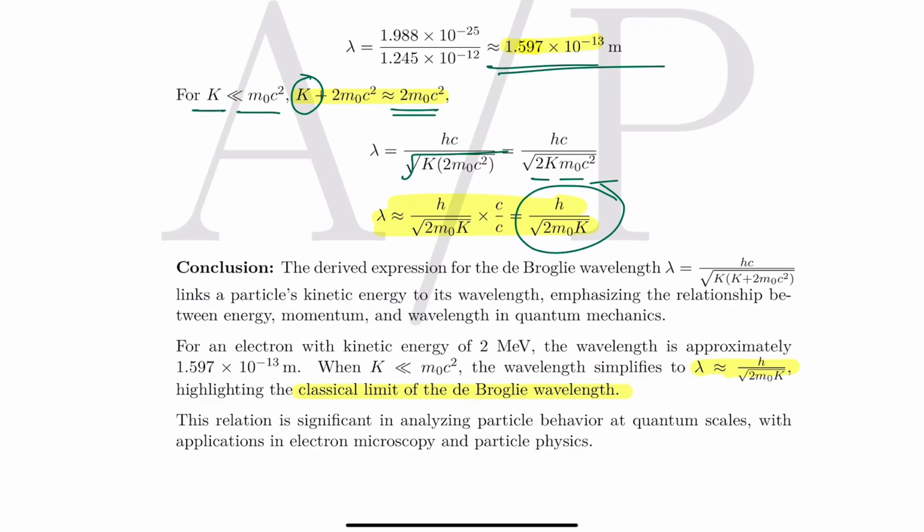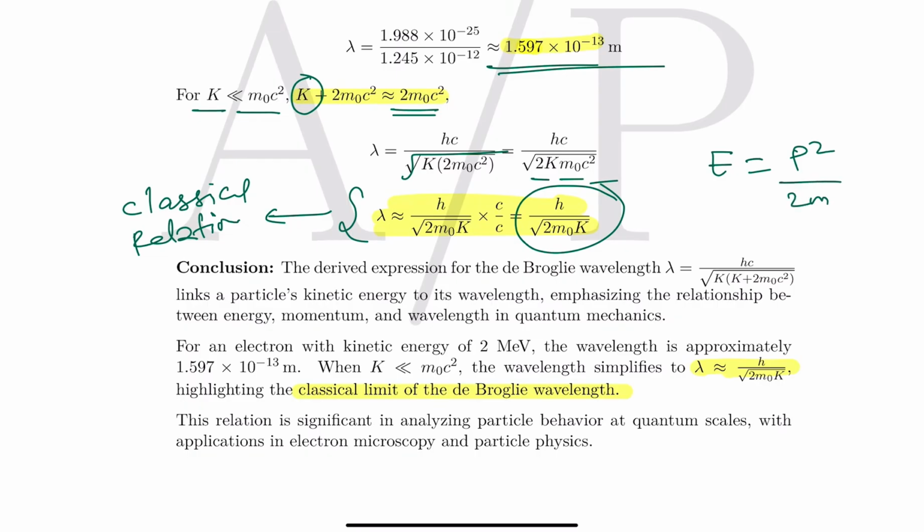Okay, so this is the classical relationship. Whenever the kinetic energy is very very less than the rest mass energy, then we get the classical approximation, and we are going to use the formula which is classical in nature, that is E is equal to P square upon 2m, and it is actually kinetic energy.